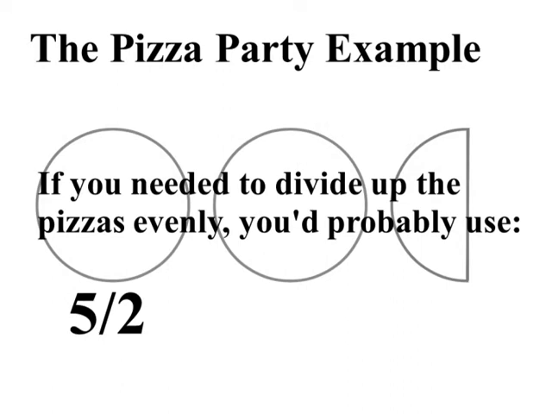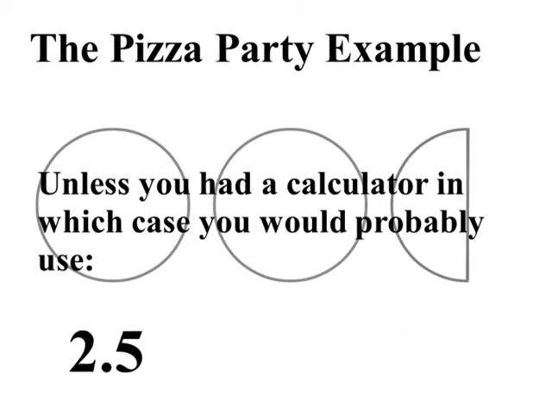If you had to divide up the pizzas, which involves division, you'd probably use an improper fraction, 5/2, because improper fractions are way easier if you're doing multiplication or division, unless you have a calculator, in which case you would use 2.5 or a decimal form.